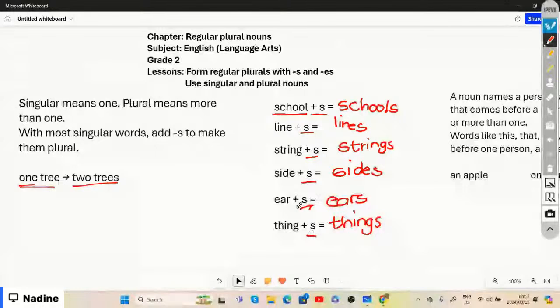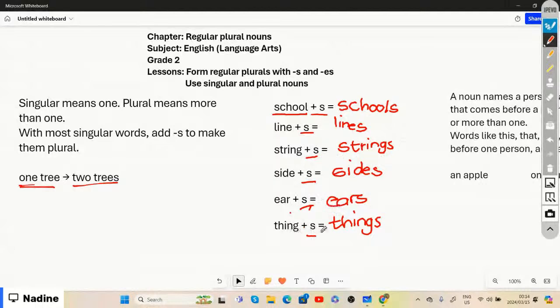And then it changes that singular word into a plural word. For example, one school, two or more schools. One line, two or more lines. One string, two or more strings. One side, more than one side, it's sides. One ear, two ears.